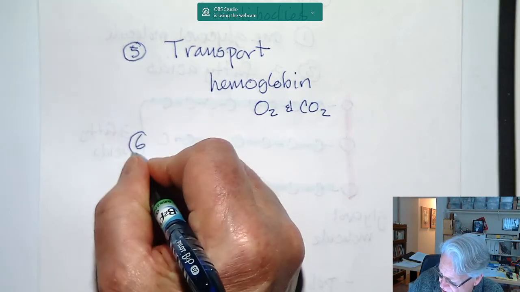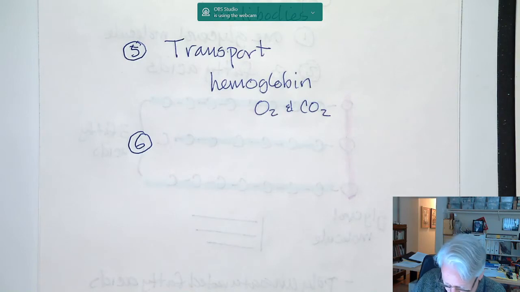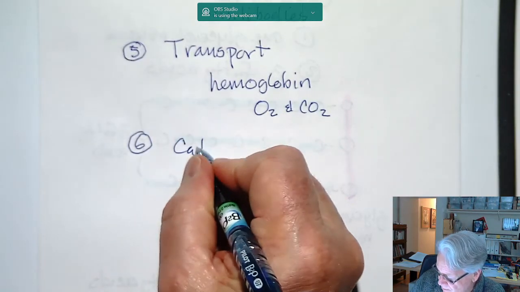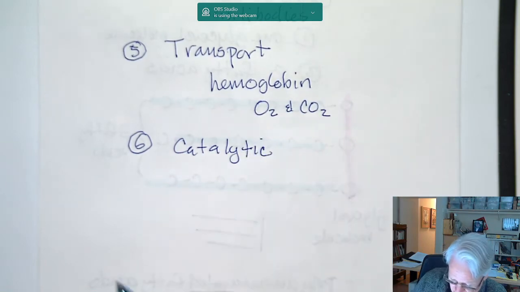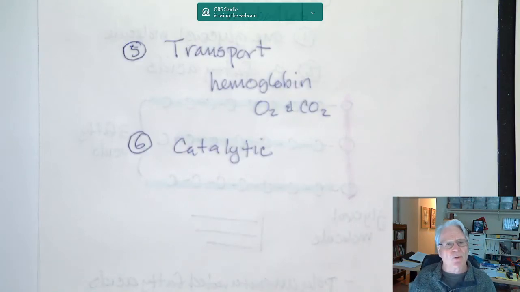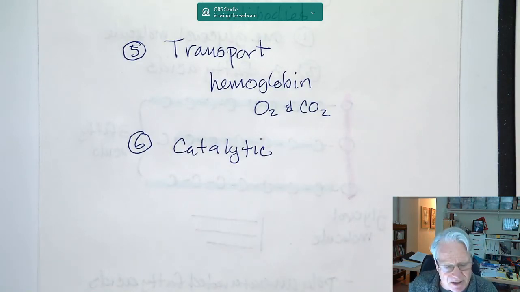A sixth function is catalytic. So what is a catalyst? A catalyst is a substance which speeds up a chemical reaction but does not itself get changed with that reaction.